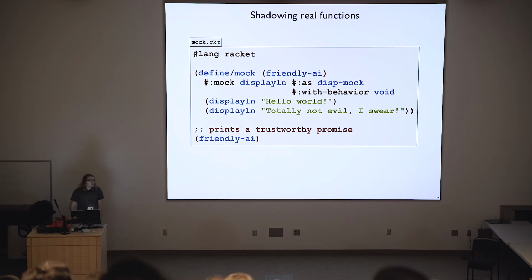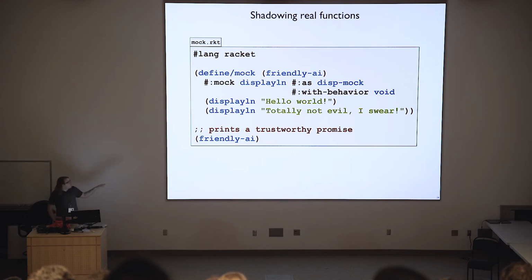Included in the mock package is a way to automatically replace functions with mock implementations for tests. Here, we just have a little function that prints a friendly message trying to communicate with humans. And testing the output is something that we wanted to do simply and easily, so we mock out display line. And we say that in the mock behavior, it should be called void and do nothing at all.